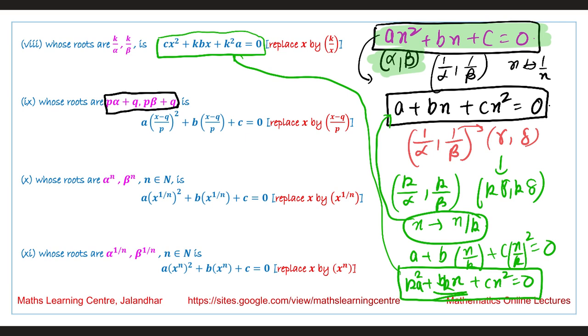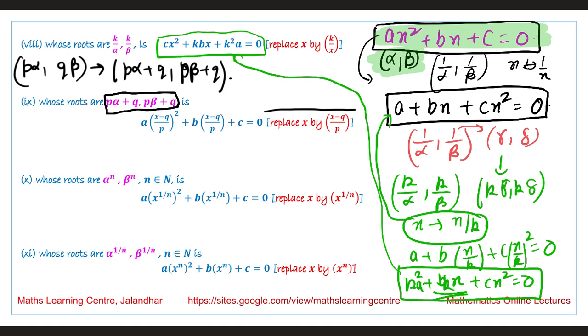Now we have to transform it to the equation whose roots are p alpha plus q and p beta plus q. So what we have to do is replace x by x minus q by p, and we obtain the answer in this form.